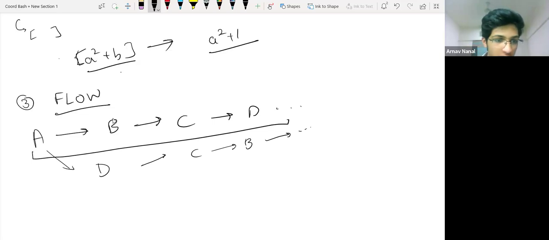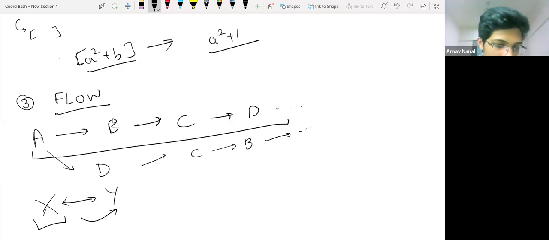Also, by flow, I mean that if you have some quantities, let's say x and y, that are dependent, you can either take x as a variable and represent y in terms of x, or you can take y as a variable and represent x in terms of y. Which one of these would be more beneficial is something you will have to decide, so you should choose intelligently.